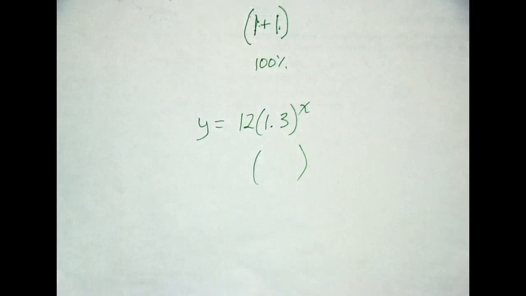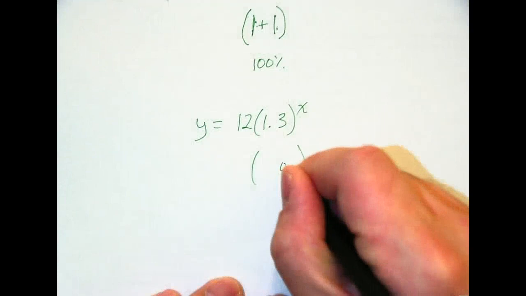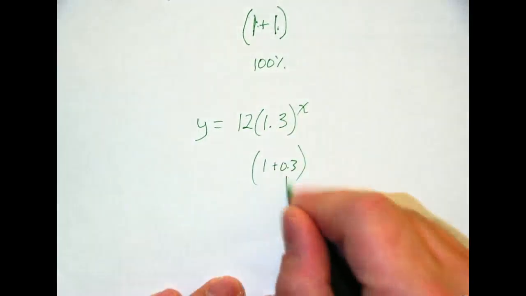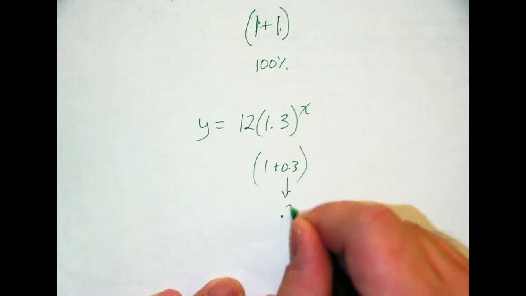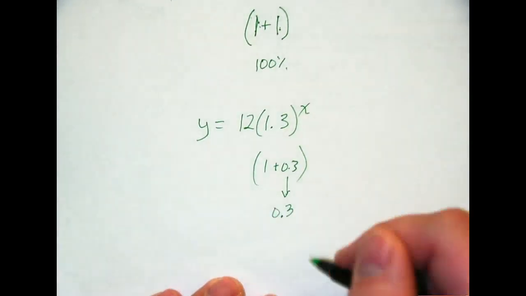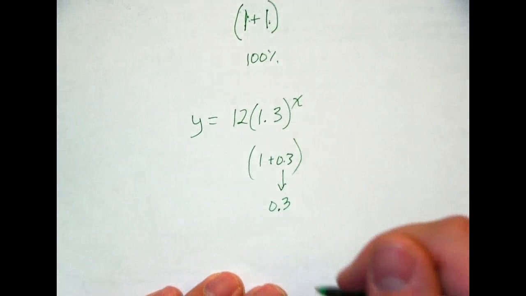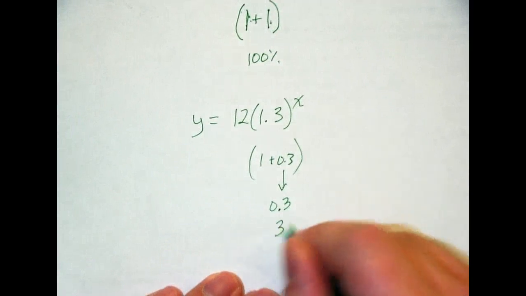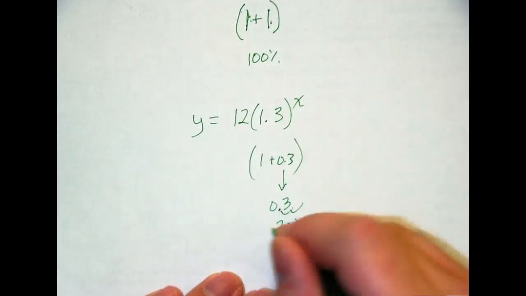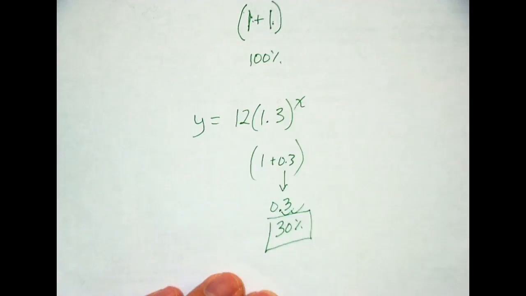Give it a shot, Jake. Yeah, 0.3 plus what? Plus 1. And so you're saying my rate of change is 0.3. What is 0.3 as a percent? 30%. Okay, we just moved the decimal 2 like we do in our percentages. So our rate of change is 30%. Nice.